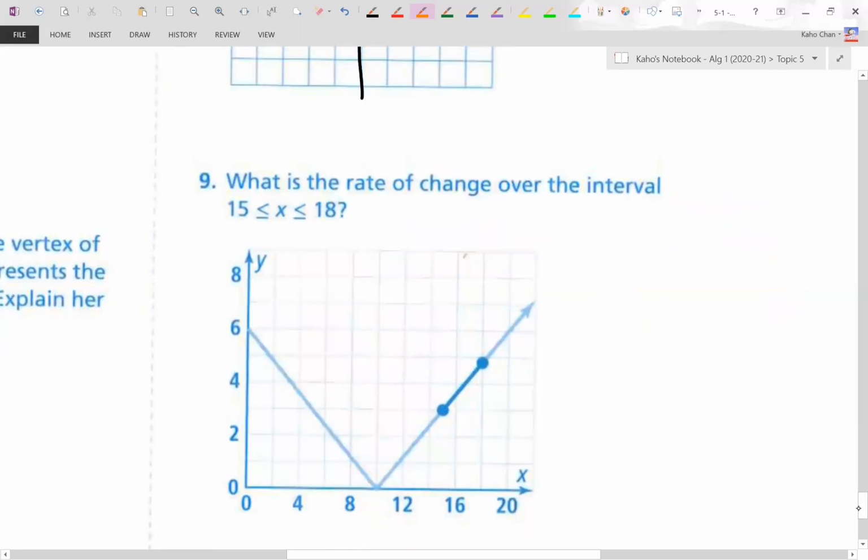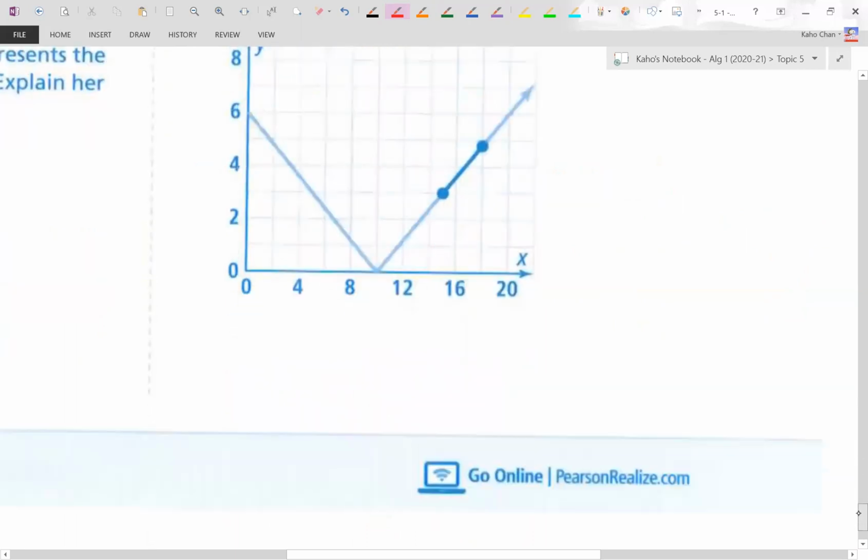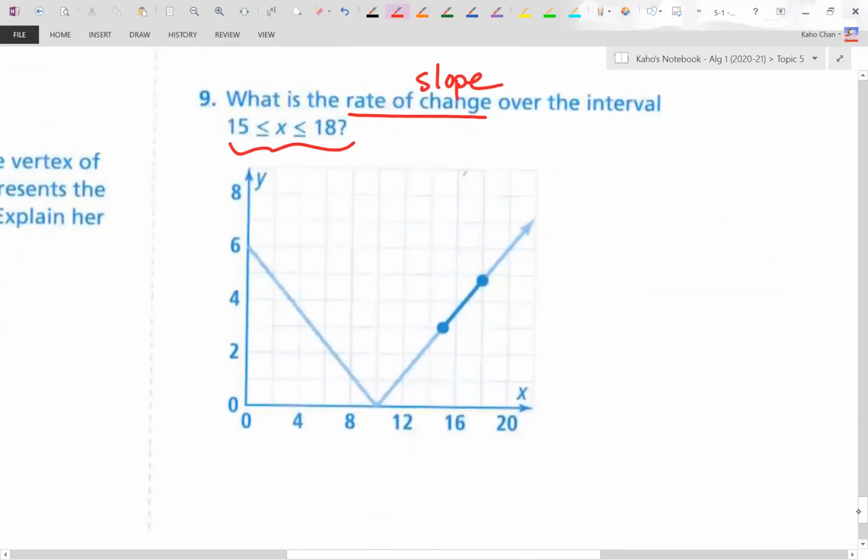Oh, we're looking for rate of change, also known as slope. They tell us to look between, this is a compound inequality, by the way, interesting. Rate of change is slope. And we're looking between 15 and 18. Now, I don't have the exact numbers here, but let's look. Oh, they've already kind of highlighted everything. That's fine. The points themselves are not great. Look at that.